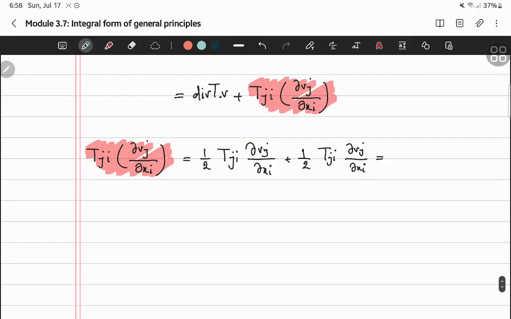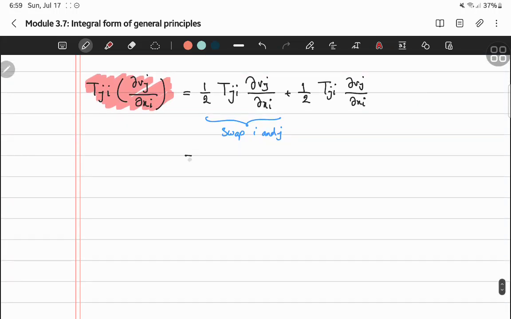So in the first one, we swap i and j. So we get half of, let me just write down here, half of t_ij partial derivative of v_i with respect to x_j, plus half of t_ji partial derivative of v_j with respect to x_i.